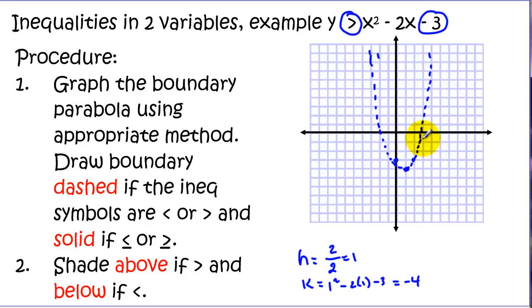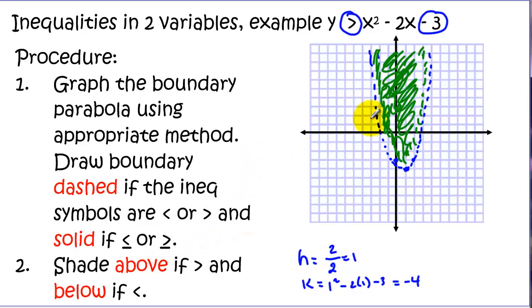Okay, so we have our parabola. And it says here, if we're doing a greater than, we want to shade above. So our solutions are going to be above this parabola, the area inside of the parabola.